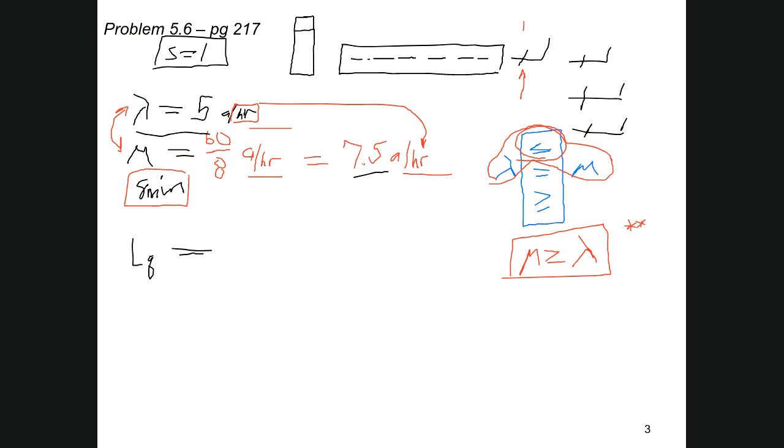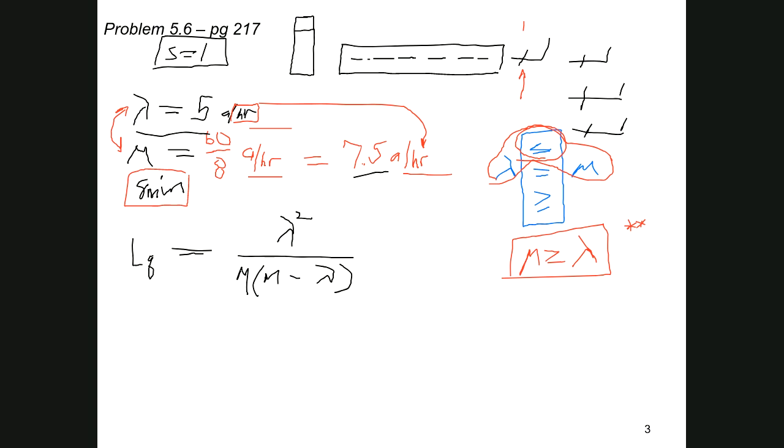Under the single server model, you're going to see that L sub Q is lambda squared over mu times mu minus lambda. And that's the formula.